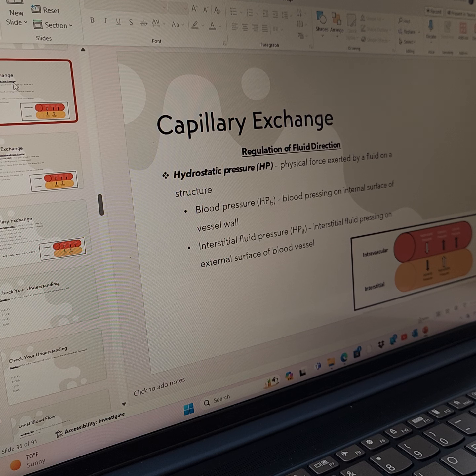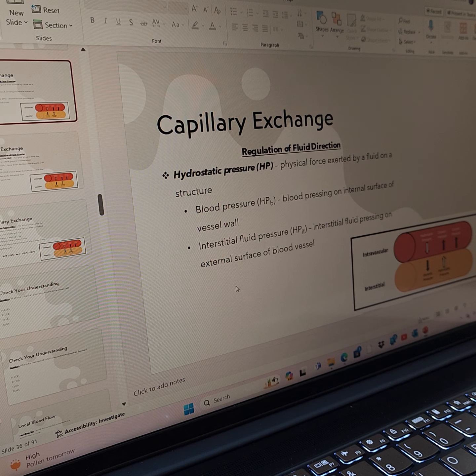This is the physical force exerted by a fluid on a structure. Blood pressure is the hydrostatic pressure. This is HPB, blood pressing on the internal surface of the vessel wall. The interstitial fluid pressure, HPIF, is interstitial fluid pressing on the external surface of a blood vessel.